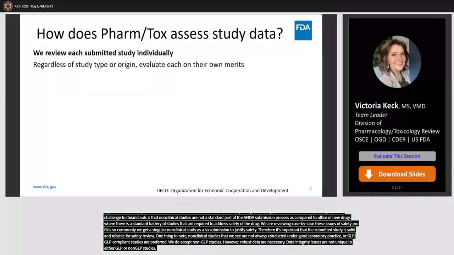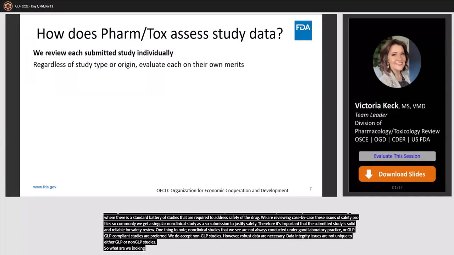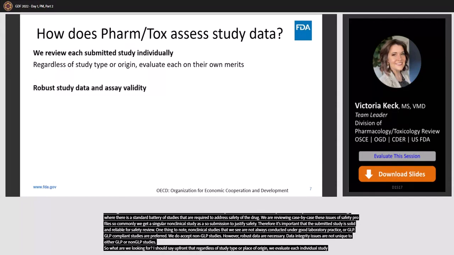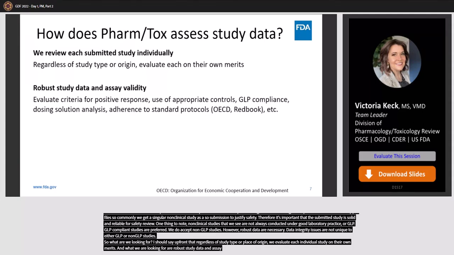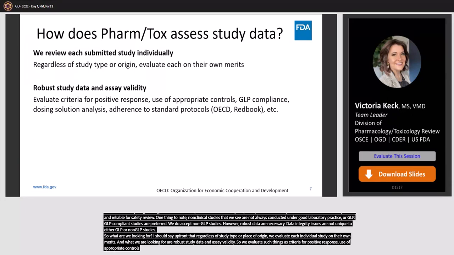So what are we looking for? I should say up front that regardless of study type or place of origin, we evaluate each individual study on its own merits. And what we are looking for are robust study data and assay validity. So we evaluate such things as criteria for positive response, use of appropriate controls, GLP compliance, dosing solution analysis, and adherence to standard protocols.